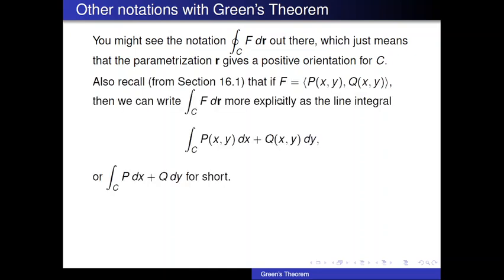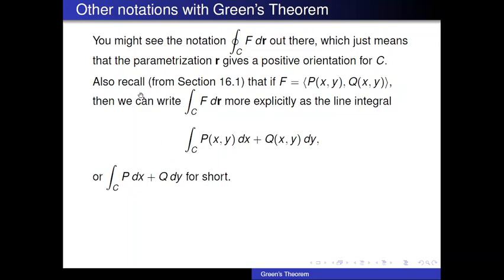Okay. And also recall from the first section of this chapter, 16.1, that we can write line integrals a little more explicitly. If F is given by the function P in the first component and Q in the second component, then we can write this line integral of F along C as the line integral along C of the expression P of x, y dx plus Q of x, y dy, or for short, just P dx plus Q dy as the integrand.